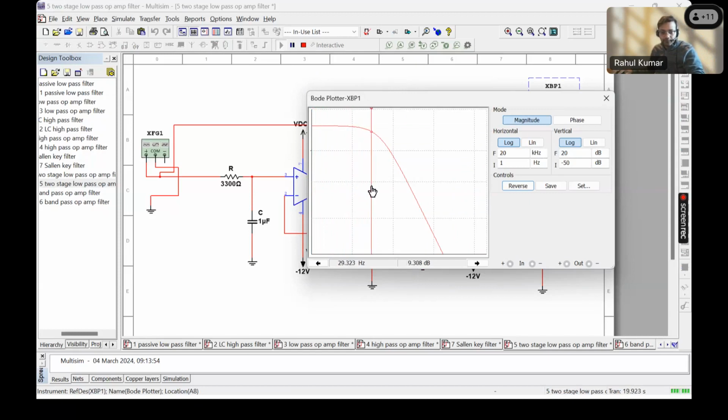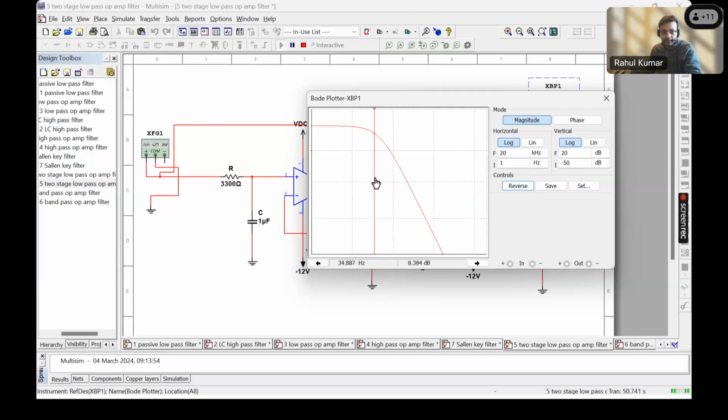So 9 will be my cutoff frequency. The cutoff frequency is coming out to be around 29, right? Near about half. We were getting around 48 for the first order filter, and if you have connected two of those, it's around 29.